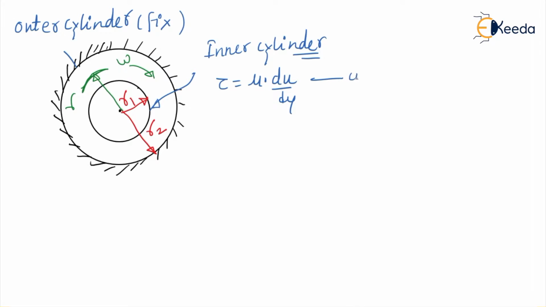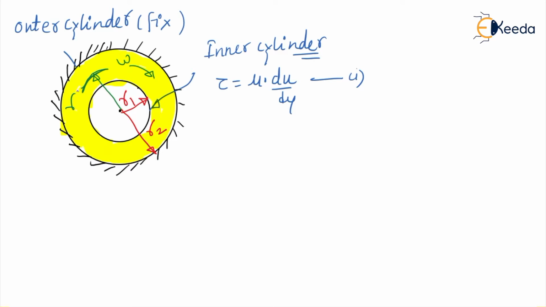This is valid in this case. Now, mu is given because a constant viscosity liquid is filled in between. So remember that in between, this is completely filled with a liquid of constant viscosity.